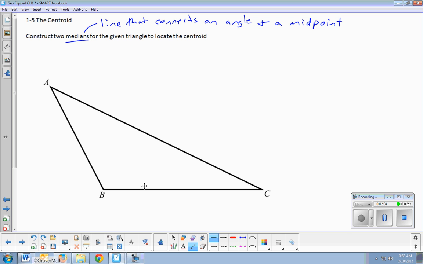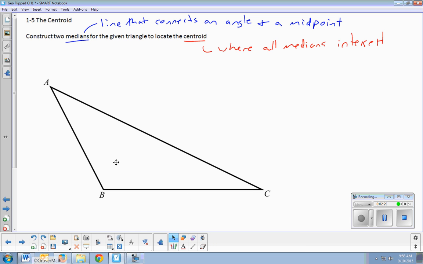All three of those medians cross at the same spot. They all intersect at the same spot. That's called the centroid. It's where the medians cross, where all medians intersect. So make sure you write those two things down, because medians and centroids are probably new words for you.